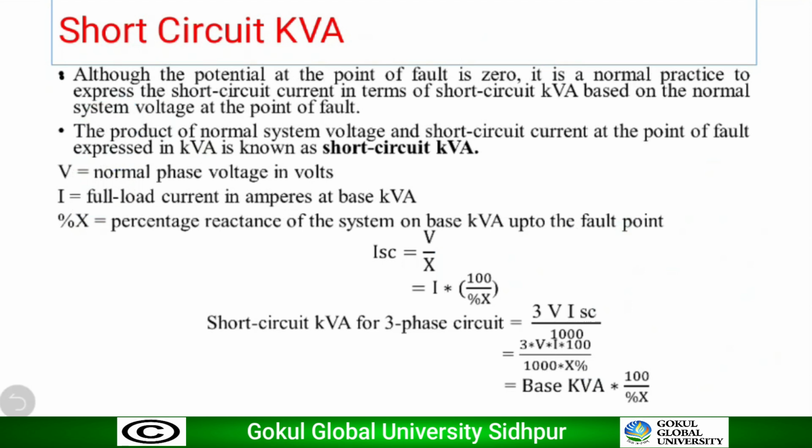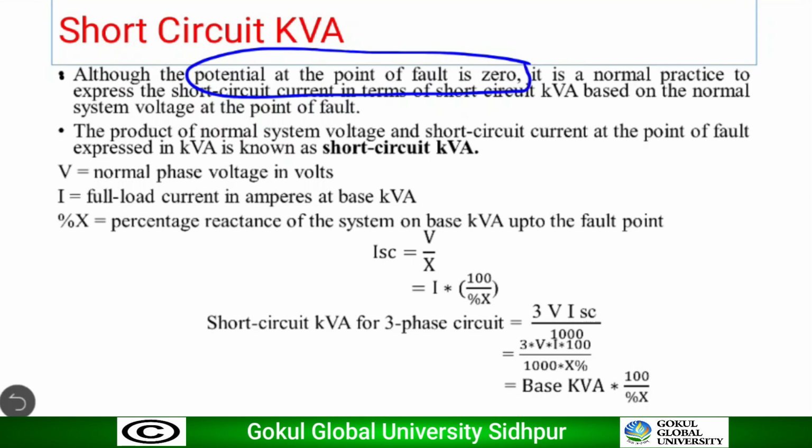When a short circuit takes place in a system and a symmetrical fault occurs in a three-phase system, at the fault point the voltage is zero and the current becomes maximum. The voltage becomes zero because a short circuit means there is no resistance, so the current becomes maximum.